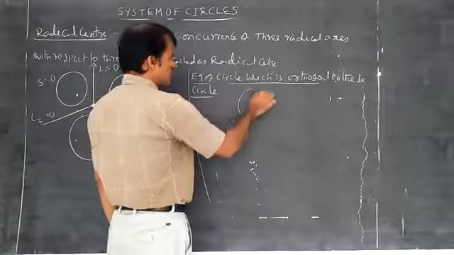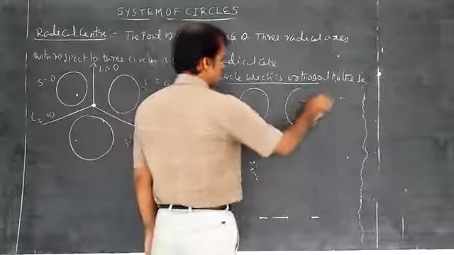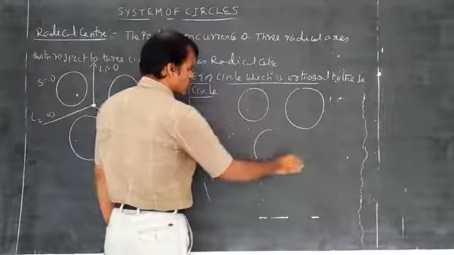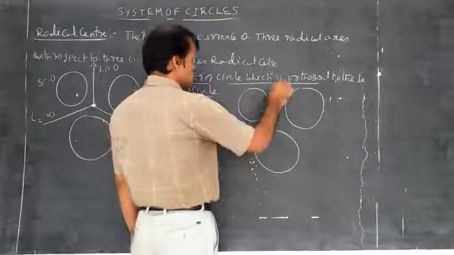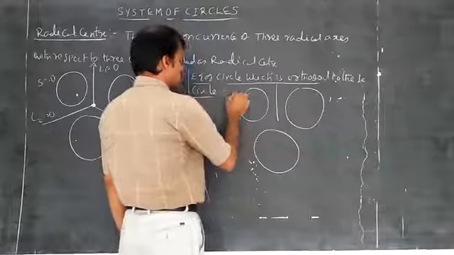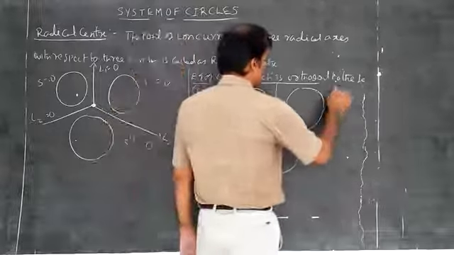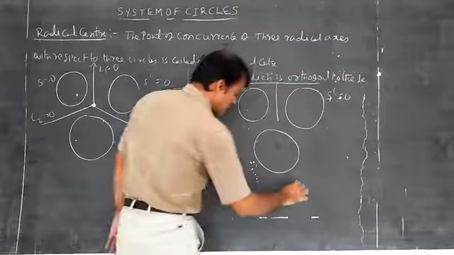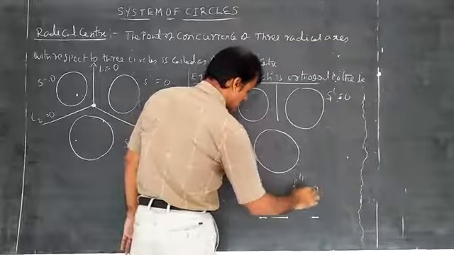The equation of a circle orthogonal to the given three circles. Let this be S equal to 0, this be S dash equal to 0, and this be S double dash equal to 0.